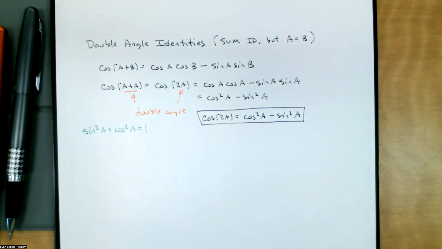Your double angle identity for cosine is cosine squared minus sine squared. So this has a lot of Pythagorean identity overtones, right? Because sine squared A plus cosine squared A is equal to 1.